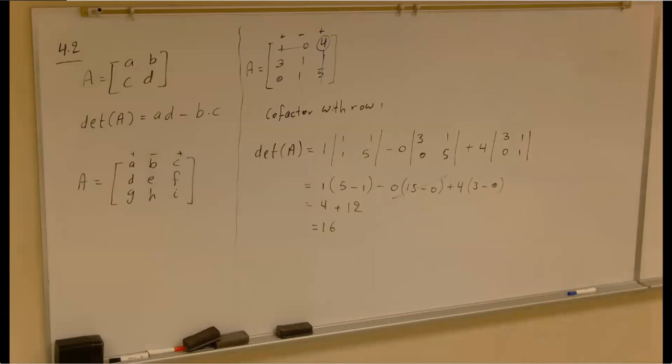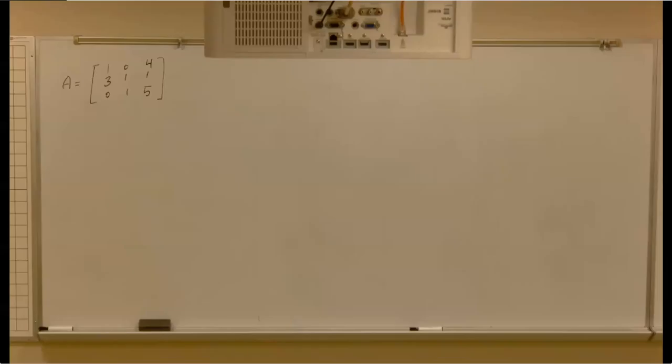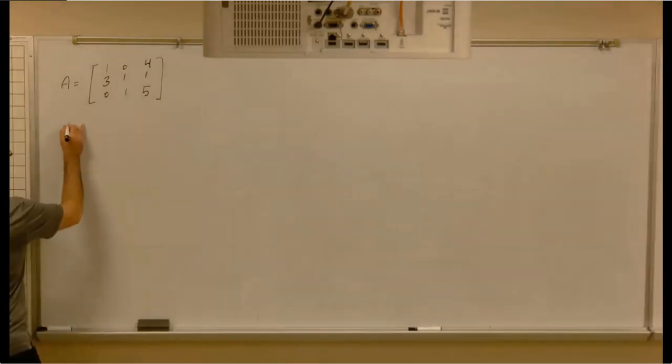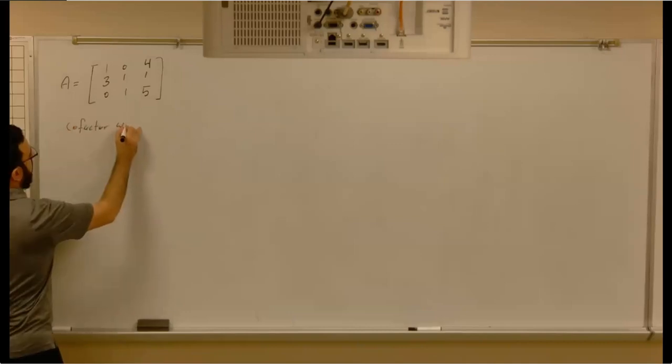We're going to do the same steps, but now with cofactor along column 1. Let's see if we get the same result or not. Let's find the determinant for this matrix A, which is the same matrix, but using cofactor with column 1.